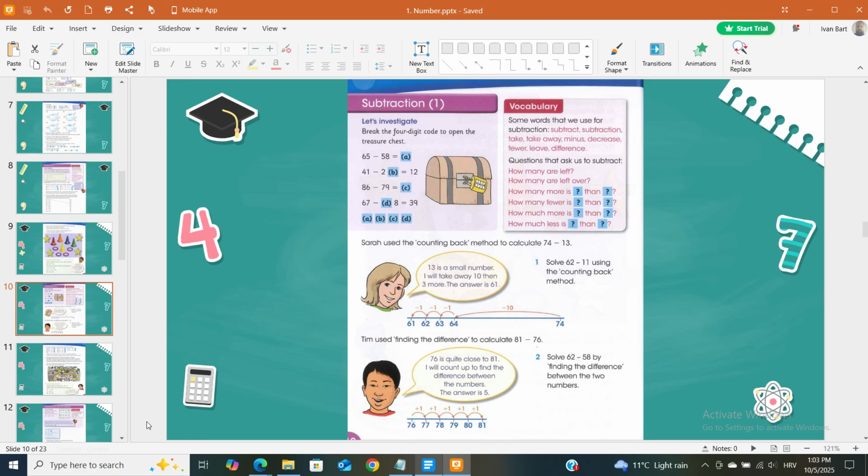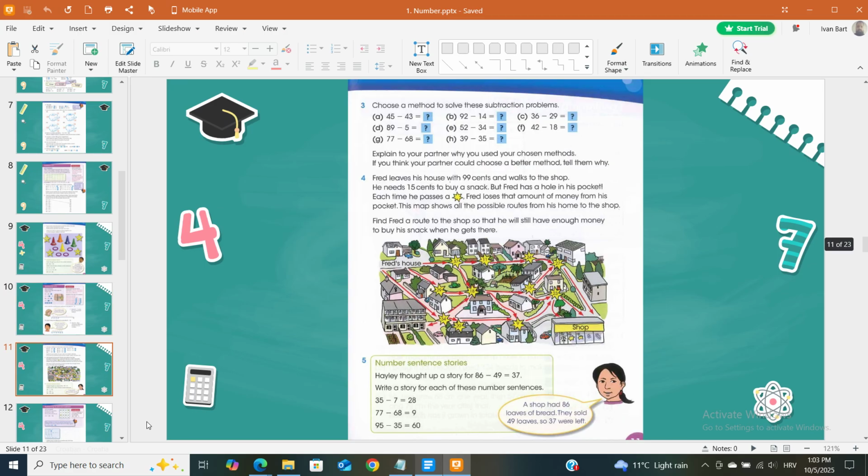3. Choose a method to solve these subtraction problems. (A) 45 minus 43 equals. (B) 92 minus 14 equals. (C) 36 minus 29 equals. (D) 89 minus 5 equals.